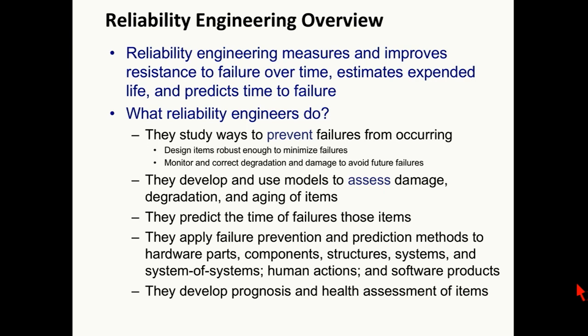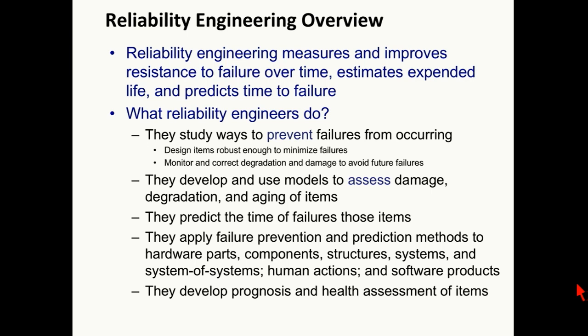By item, I'm using the word as a very general definition of things that reliability engineering applies to. Reliability engineers also predict the time of failures. That is, when a component or an item is operating, when would we expect to see a failure? Of course, this is a prediction of the future, involves uncertainty, and that has to be factored into the assessments that reliability engineers do.